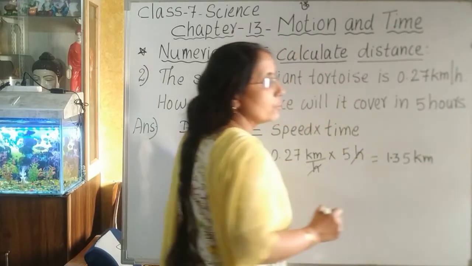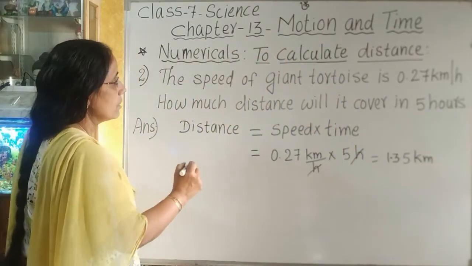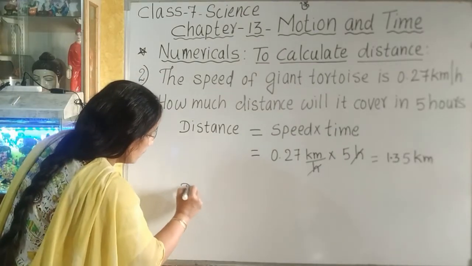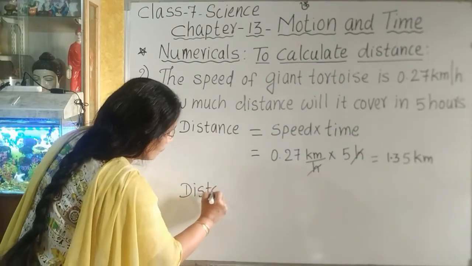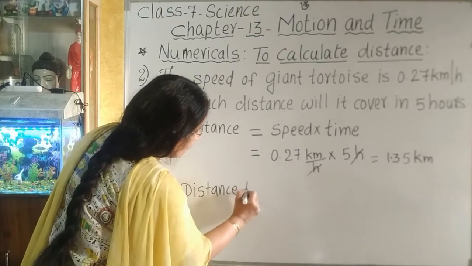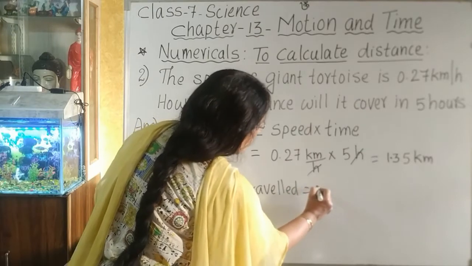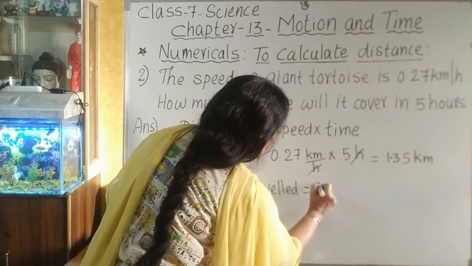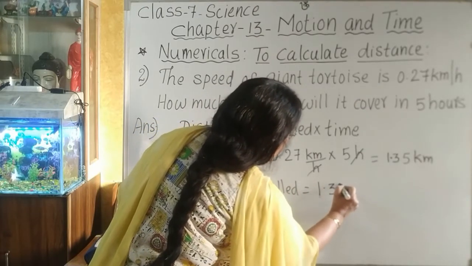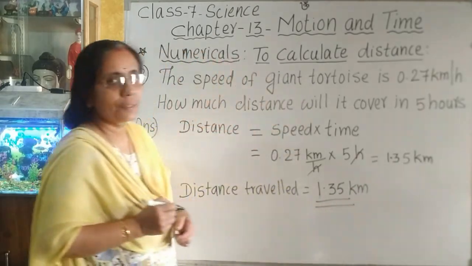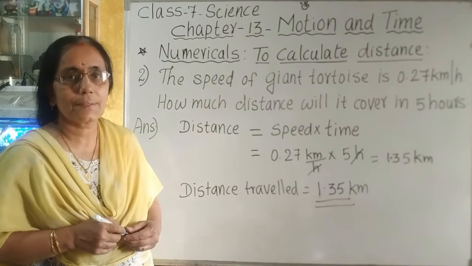Kilometer. So what is the final answer? The distance travelled is equal to 1.35 kilometer.